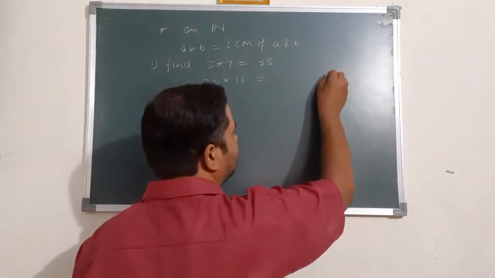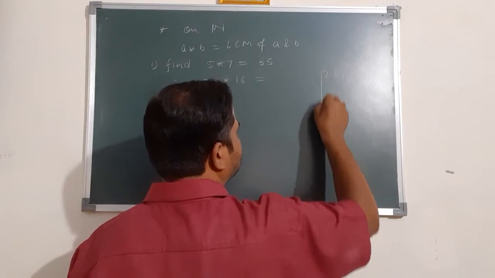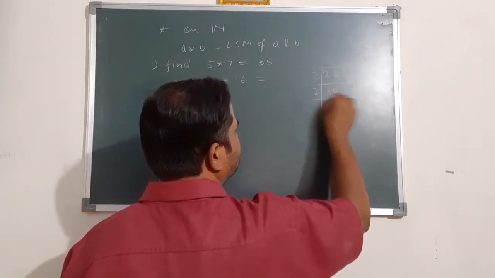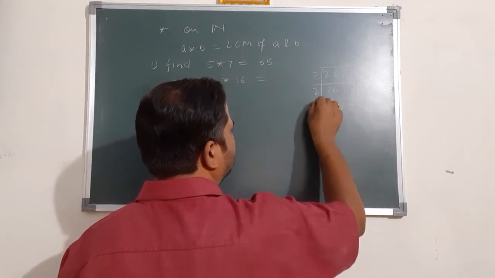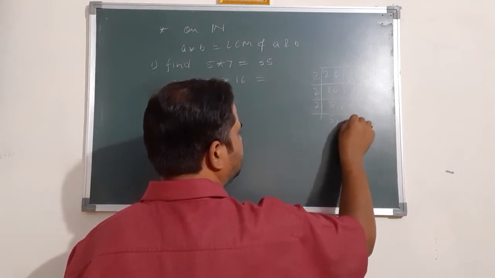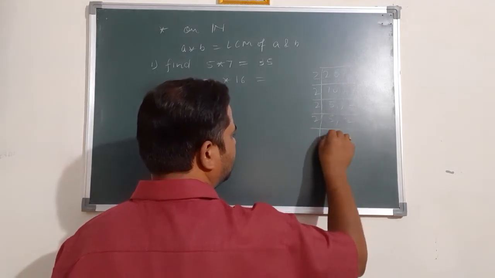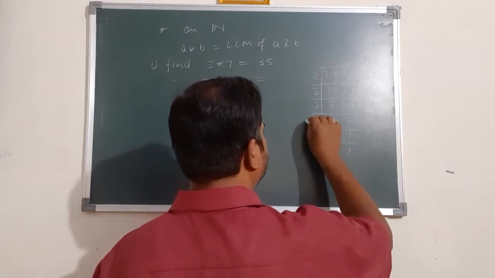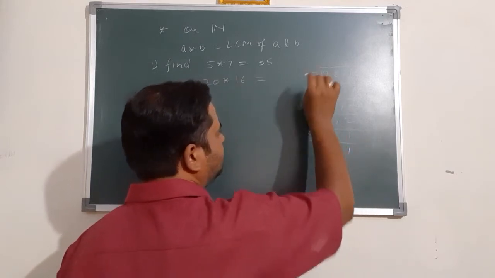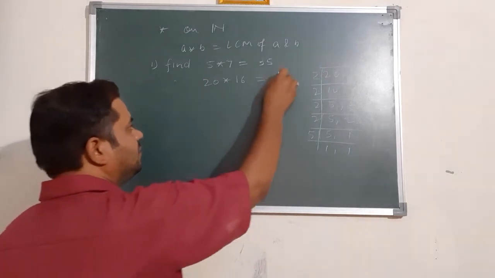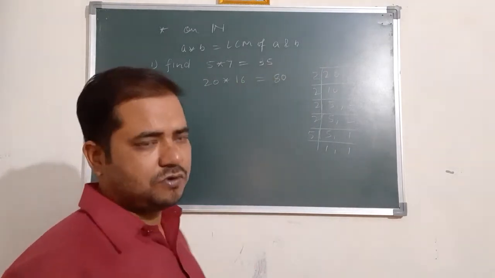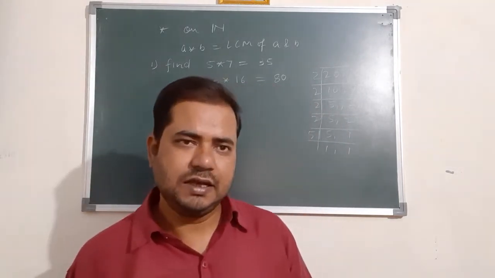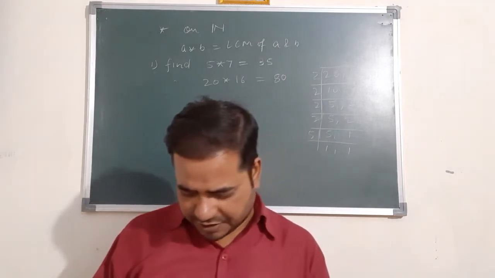You have to find it here: 20, 16; 10, 8; 5, 4; 5, 2; 5, 1; 5; 1, 1. Multiplying 2, 2, 2, 2, 5 gives 80. So the LCM is 80, and of course 80 belongs to the natural numbers. So you can say yes, this is a binary operation.